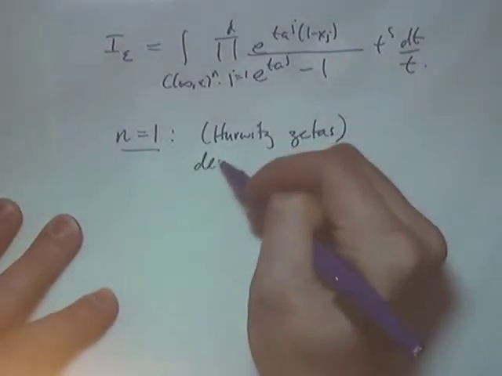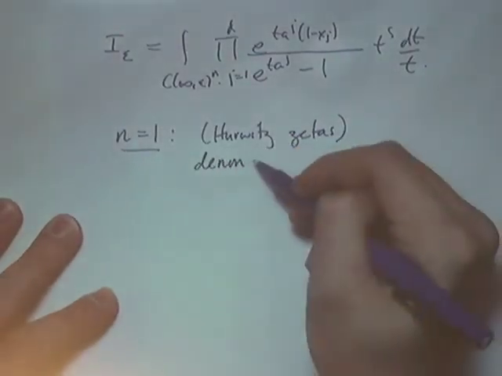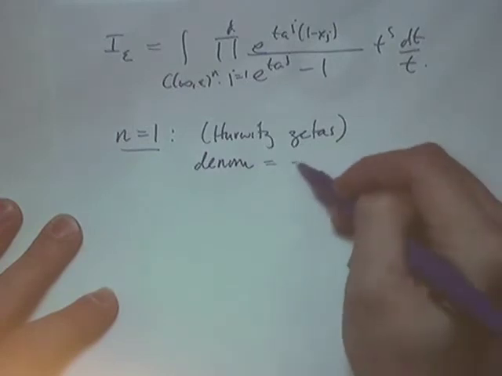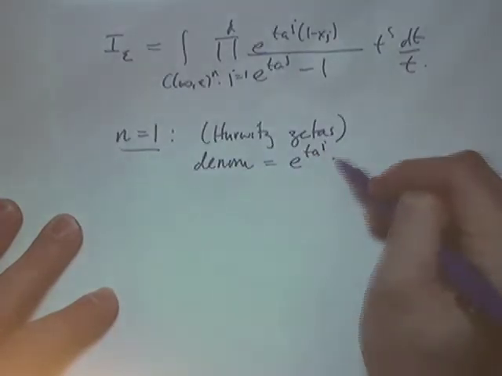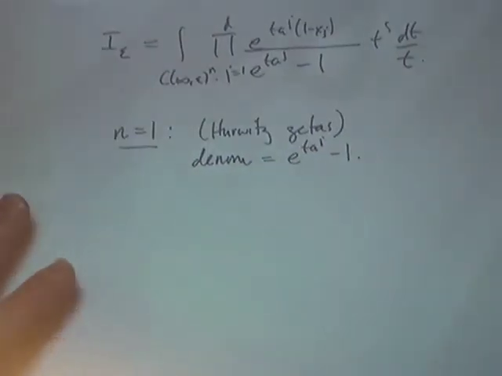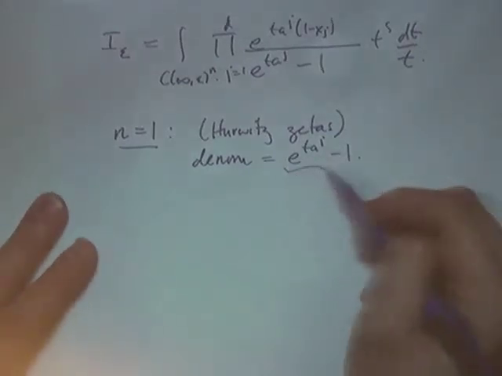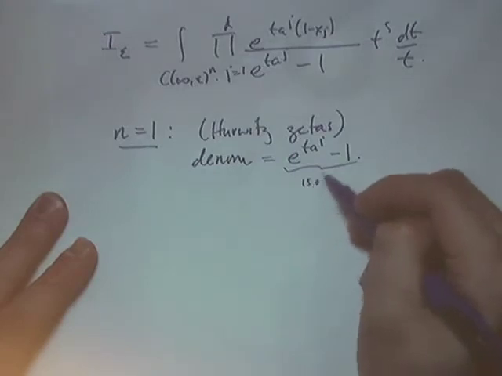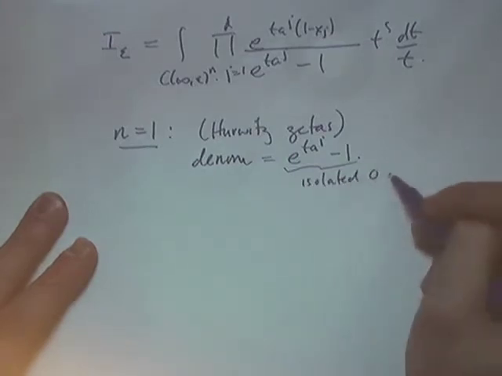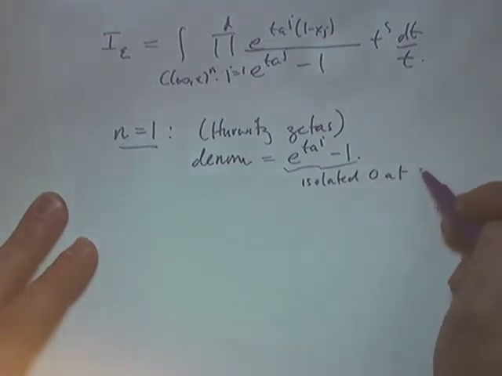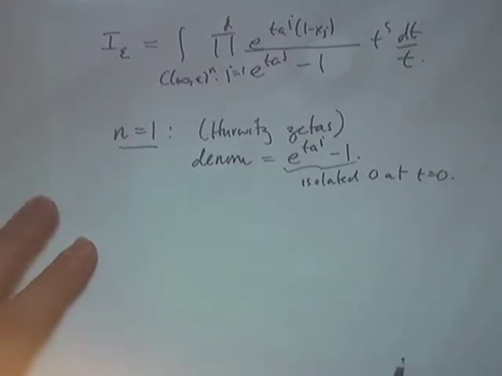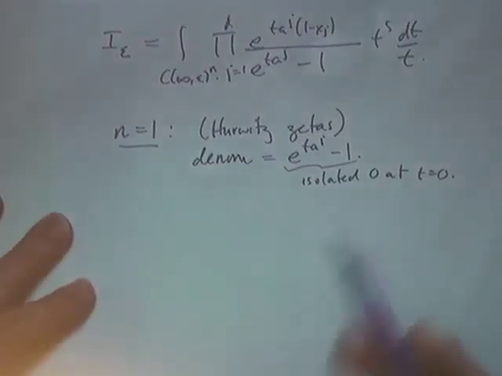The denominator in that integrand, or in the rational part of that integrand, is e to the t a^j minus 1. Now t is only a single variable now, not a tuple of variables. So this has an isolated 0 at t equals 0. But there's no problem on the contour.